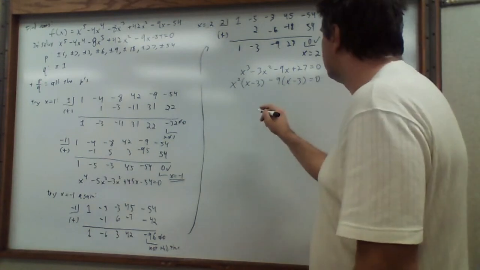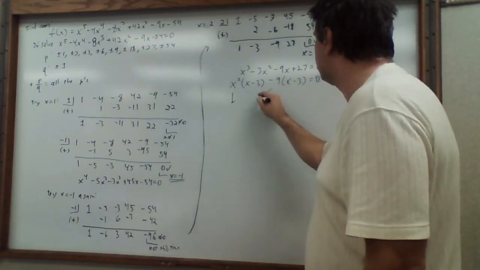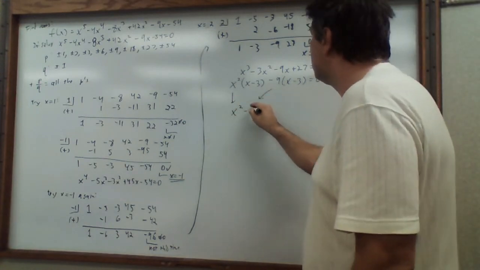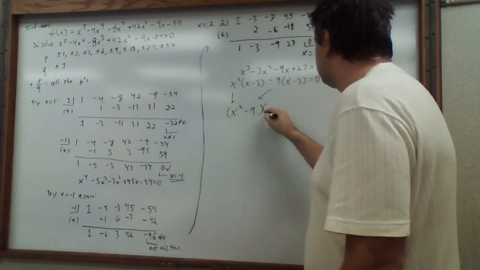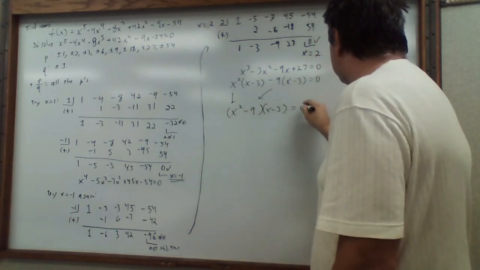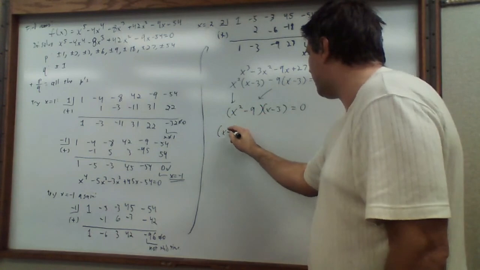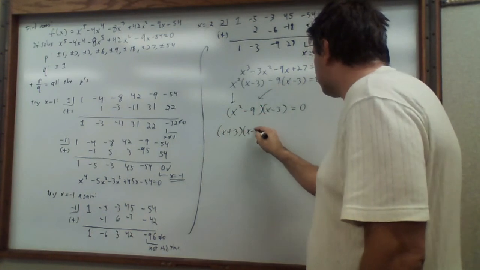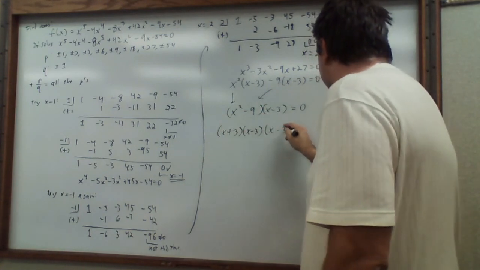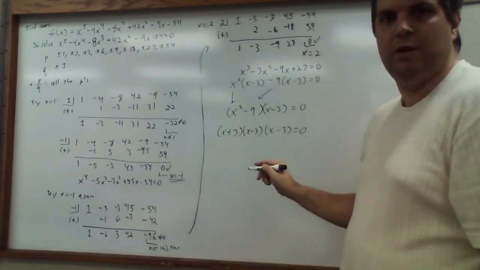So I got x squared minus 9 times x minus 3 equals 0. That also is factorable by grouping. x plus 3, x minus 3 times x minus 3 equals 0. Okay?